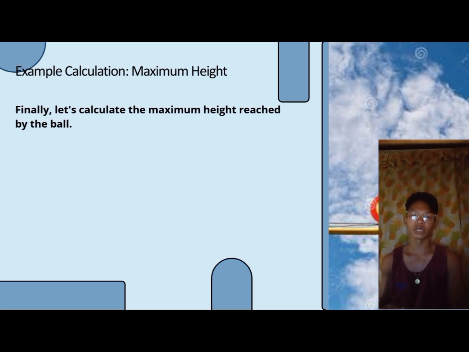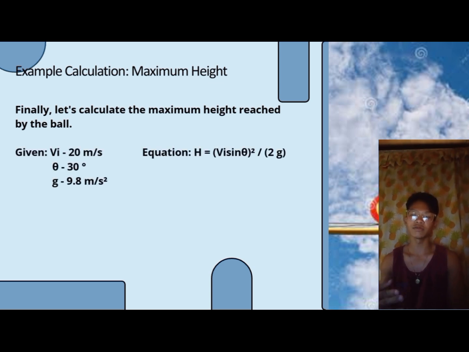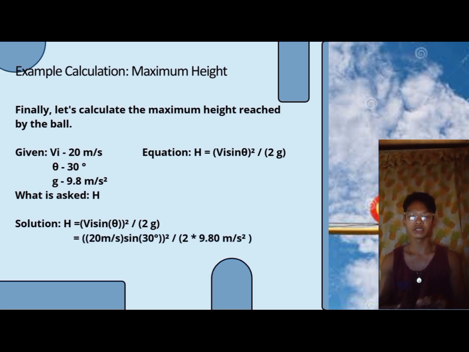First step is write the given, same as the range and the time of flight. Write the given, write the equation, what is asked, and the solution. To solve, you first write the formula or equation, same as the range and time of flight. Then kindly substitute the given to the formula.